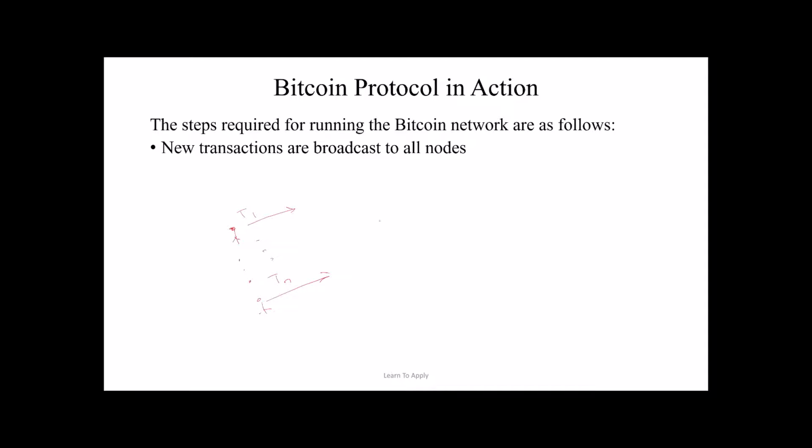What happens? There is a mechanism. I already told you about that. There is a peer-to-peer network. If some node receives those transactions, he will selectively broadcast them to other nodes. If he has received T1 and T2 or Tn, he will broadcast them to other nodes.